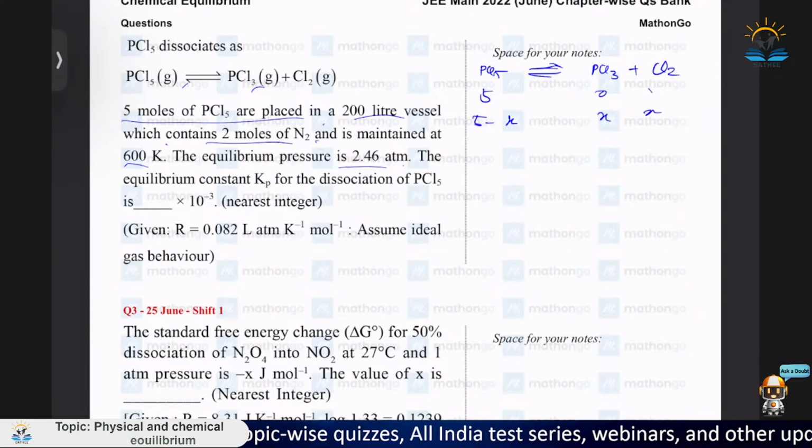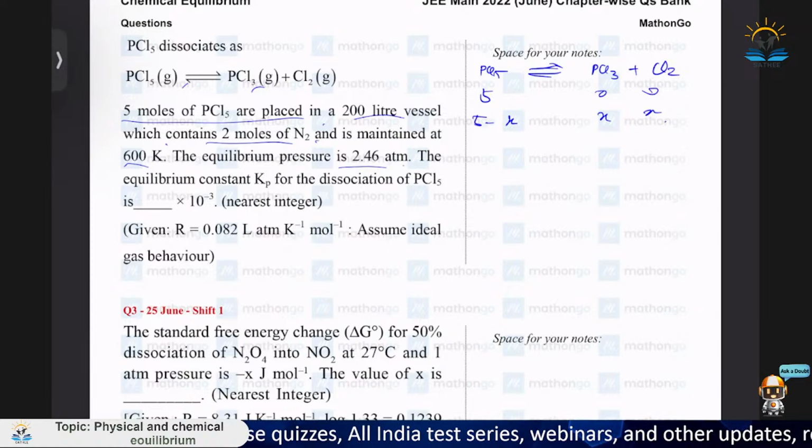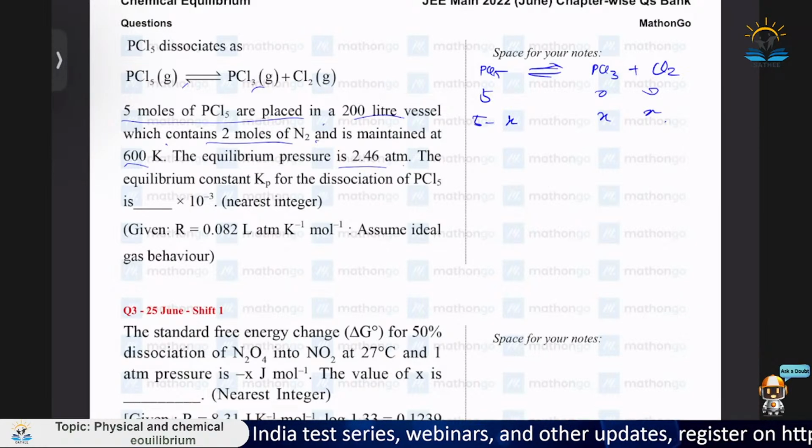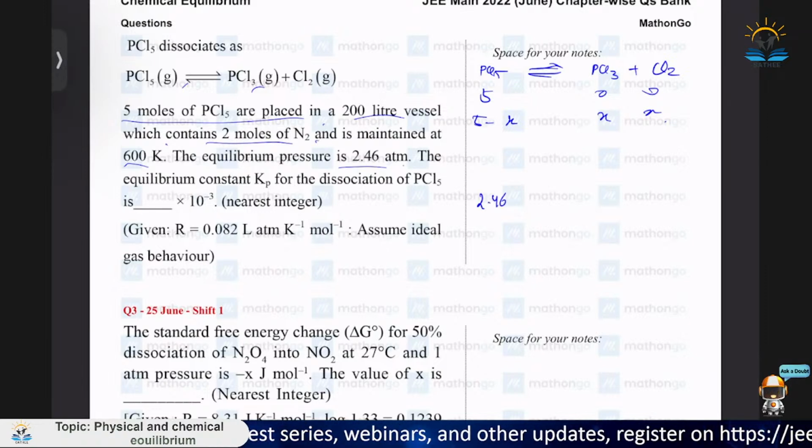At equilibrium, this is the condition. They have given us that the equilibrium pressure is 2.46 atm.